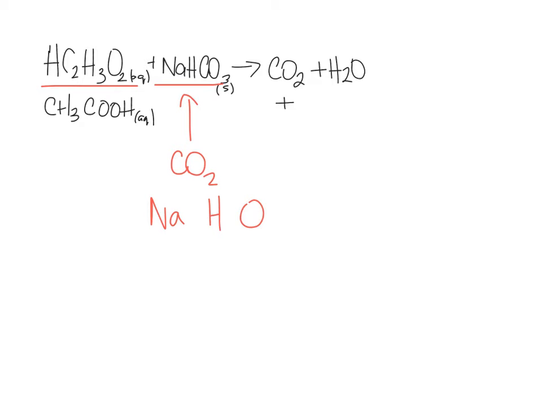What do all acids do? Bronsted-Lowry definition. Acids are, Andrew? They give up their hydrogen ions. So our acid is going to give us our other H to make water.